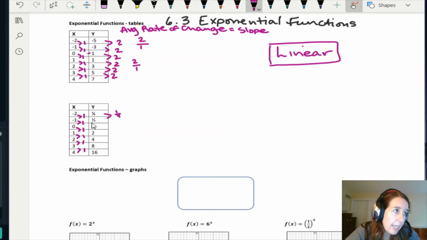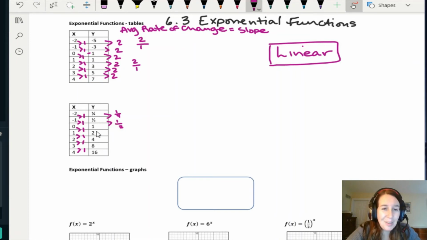In the next one, I'm going from y equals 1/2 to y equals 1, so that's an increase of 1/2. Because the fractions might be throwing you off a little bit, I'm just subtracting 1/2 minus 1/4 in my head, because 1/2 is 2/4. And then 1 minus 1/2 would be 1/2.